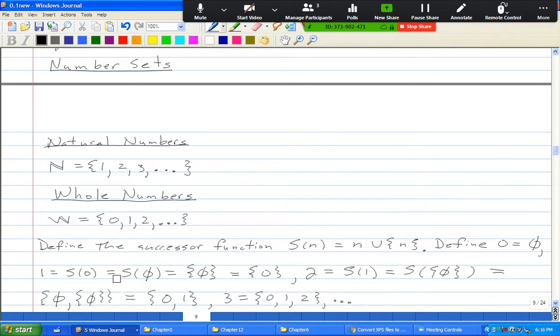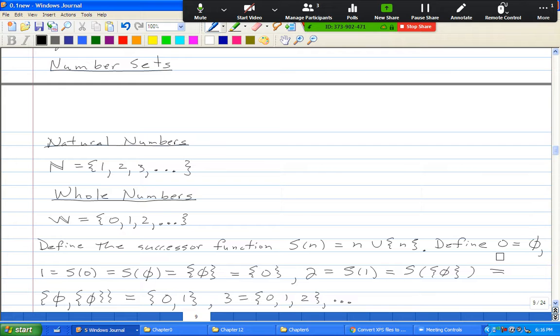You can construct the whole numbers as follows. You define what's called a successor function. It's the next number. After 7 is the number 8. After 35 is the number 36. I can define the successor of the number n by n union the set containing n.